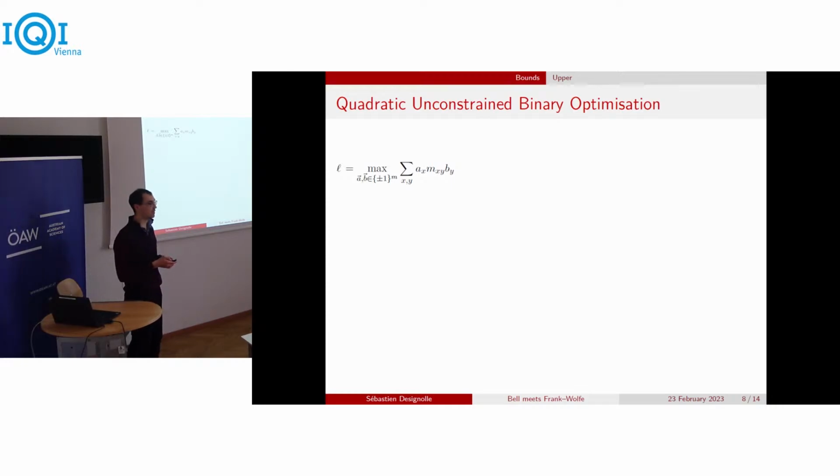And the way to get this local bound in the past, there were a few works about that, including one by Tomasz Vertesi in 2017, who was devising a branch and bound algorithm to compute up to kind of 90 times 90 local bounds, which amounts to solving this optimization problem here that I mentioned before.